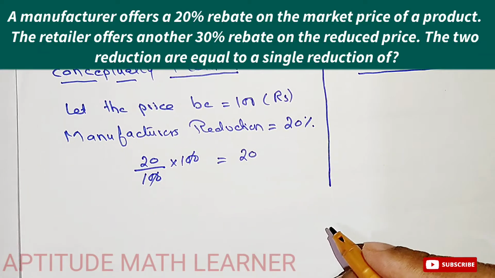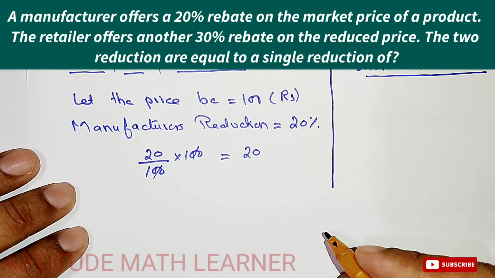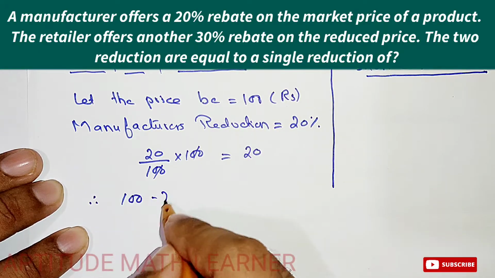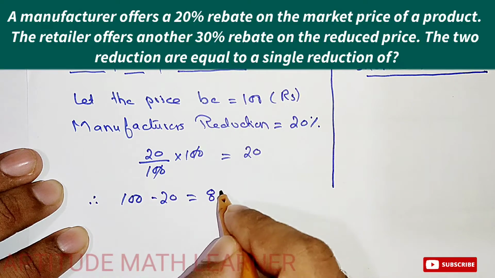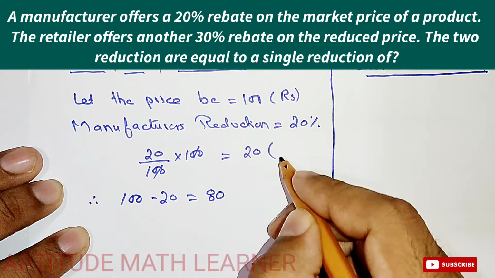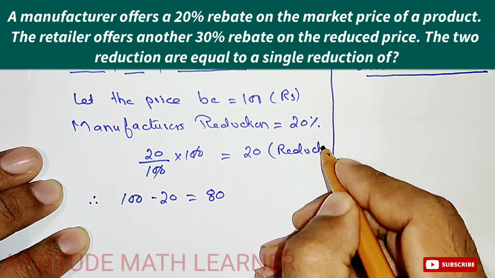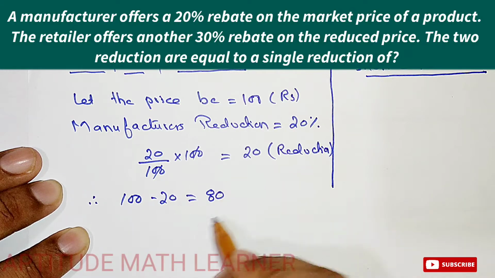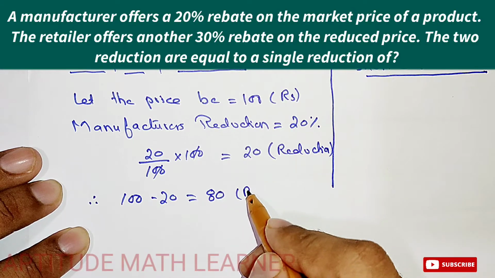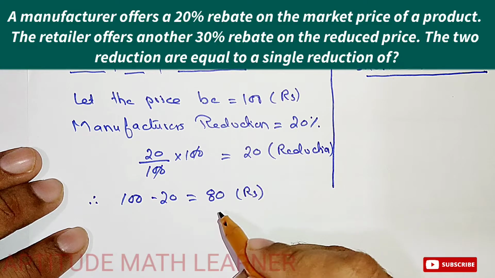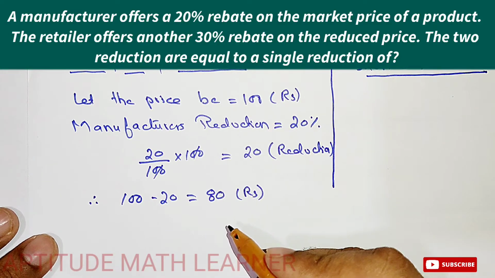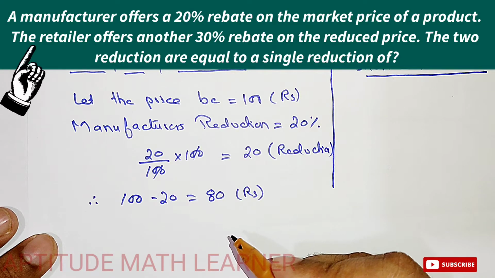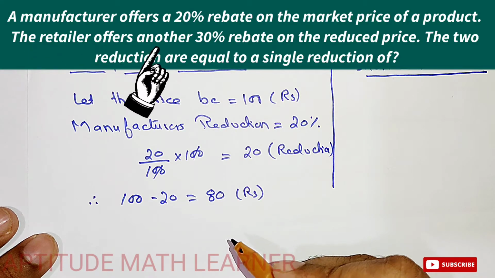So what is the reduction by the manufacturer? Therefore 100 minus 20 is equal to 80. After the reduction, the price has become 80 rupees. Further, the question says the retailer offers another 30% rebate.